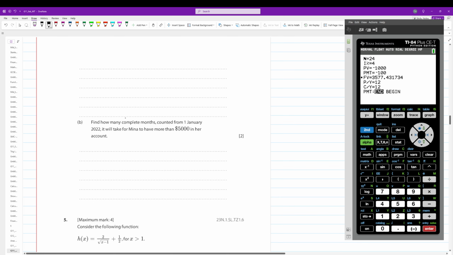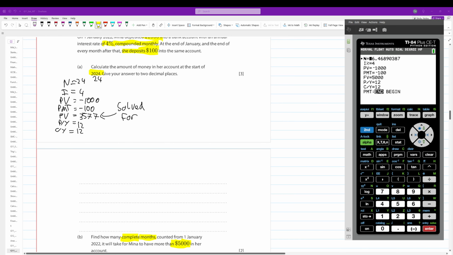Part B, how many complete months, there's a key word in there, complete months, counted from the 1st of January 2022, will Mina have more than 5,000? Cool, nice and simple. We make that 5,000. We work out the number of compounds, 36.46.